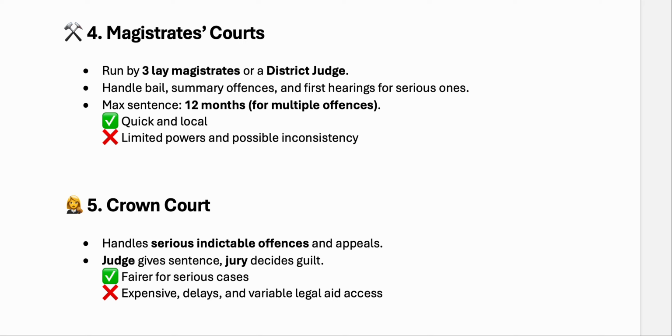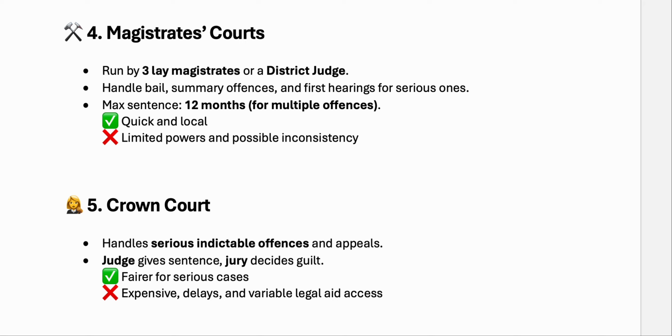Let's take a closer look at the Magistrates' Court. Magistrates' courts are usually run by 3 volunteer, lay, we call them, magistrates, or a district judge. And they handle about 95% of criminal cases. They can give fines, community orders, even a year in prison if it's for more than one offence.